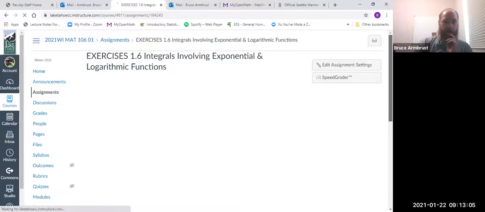So I'll go ahead and share my screen. I will try to share my screen. All right, so exercises 1.6.